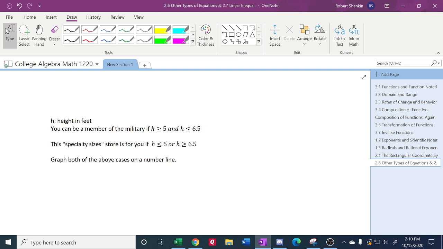Now I made this up. This is not what the actual height restrictions are. But it might be the case that you can be a member of the military only if your height is greater than or equal to 5 feet, and less than or equal to 6.5 feet.